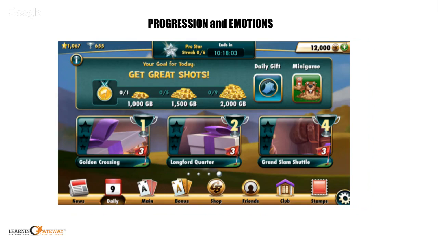The problem is that often once the streak is broken, something happens, you forget, you didn't come back. It actually can have the exact opposite effect. It can be, in some instances, very demotivating and can cause the player to not want to play anymore. Because as you see that you've made all this progress and now it's wiped out because you missed a day, then it can also cause the player to abandon the game.